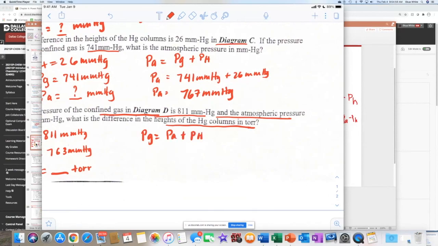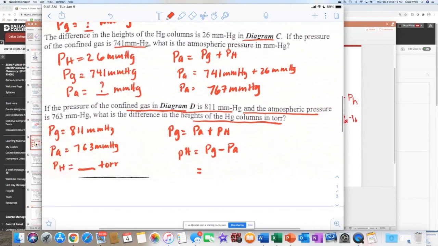We're trying to solve for pH. So pH is equal to Pg minus Pa. So Pg, let's see, is 811 millimeters of mercury minus 763 millimeters of mercury.